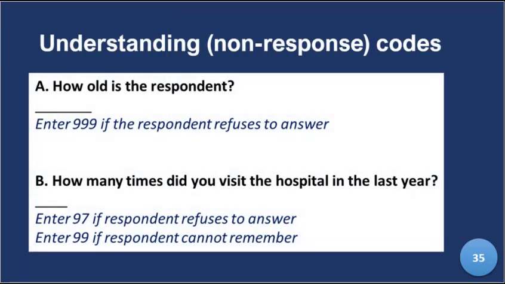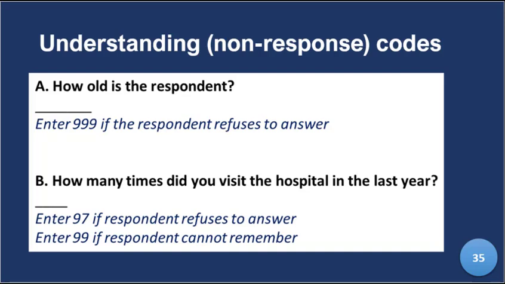This is a questionnaire that has 2 questions. One is asking about the age of the respondent, and if it is not known, or maybe the respondent refuses to answer, which is a response in itself, you are asked to put in 999.